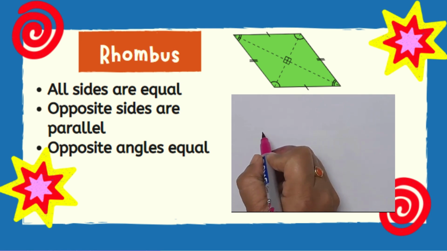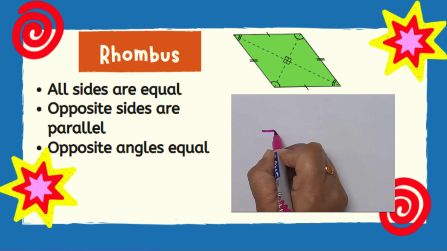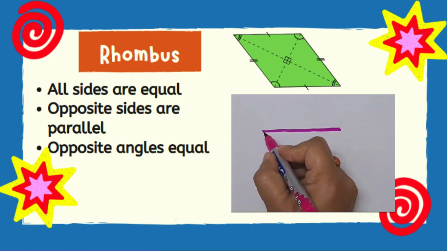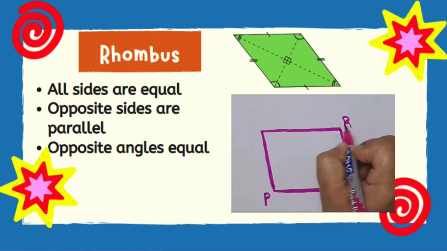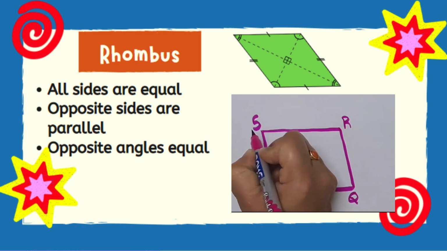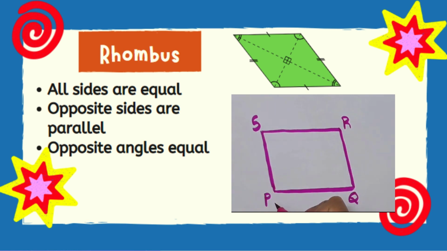Rhombus. A parallelogram in which all four sides are equal is called a rhombus. This is a rhombus, P Q R S. As I said earlier, all sides are equal in a rhombus.